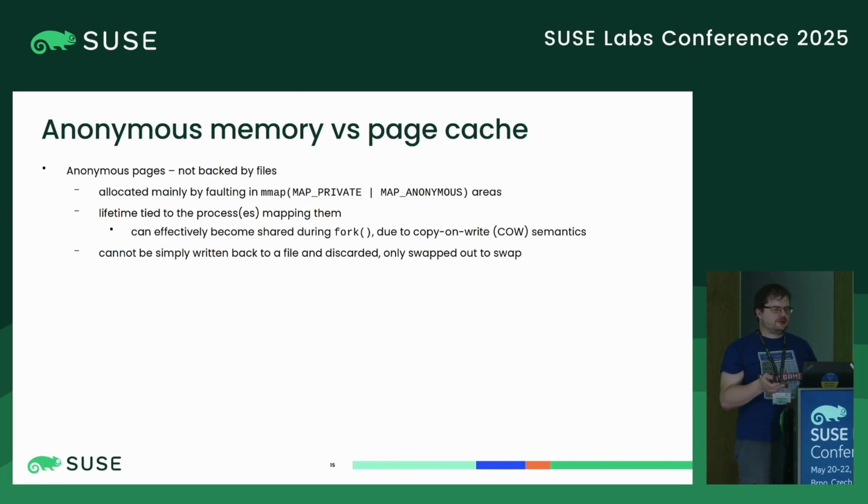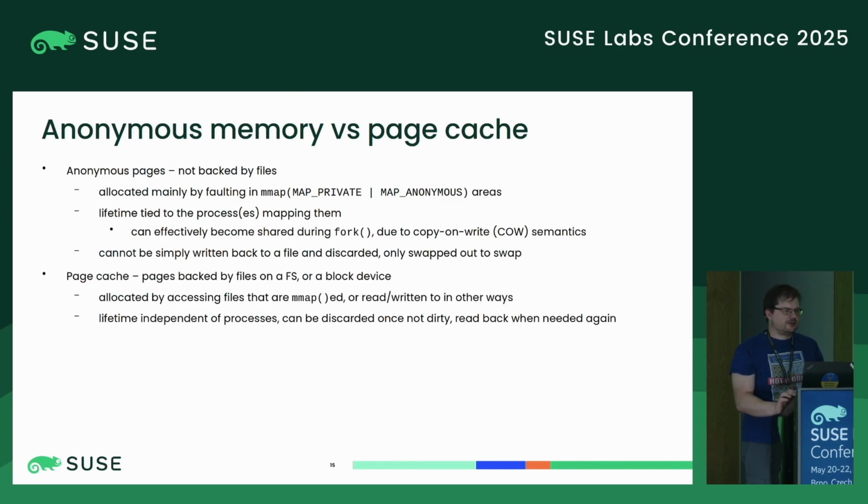This data is not connected to any backing storage, so if it has to be reclaimed, it can only be swapped out to the swap partitions or files. This makes it very different from the page cache, and that's why we distinguish them almost everywhere.